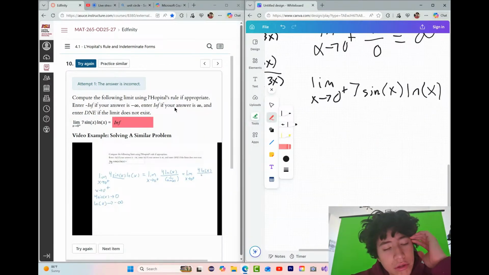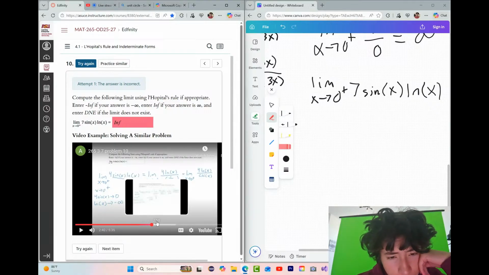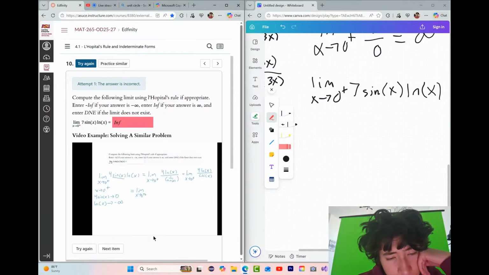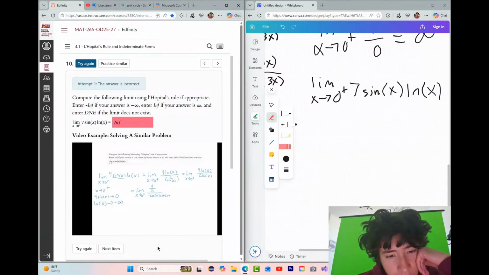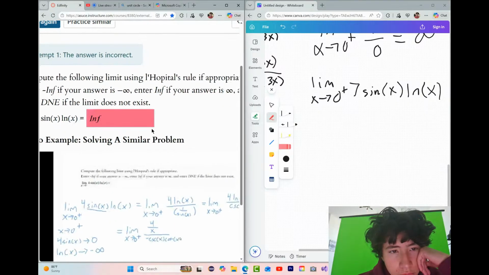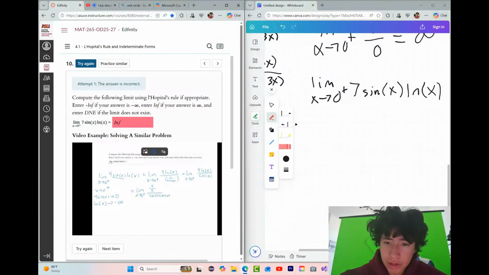Oh, I see. Okay. So you're just simplifying then, right? Cosecant. Okay, so let's simplify.